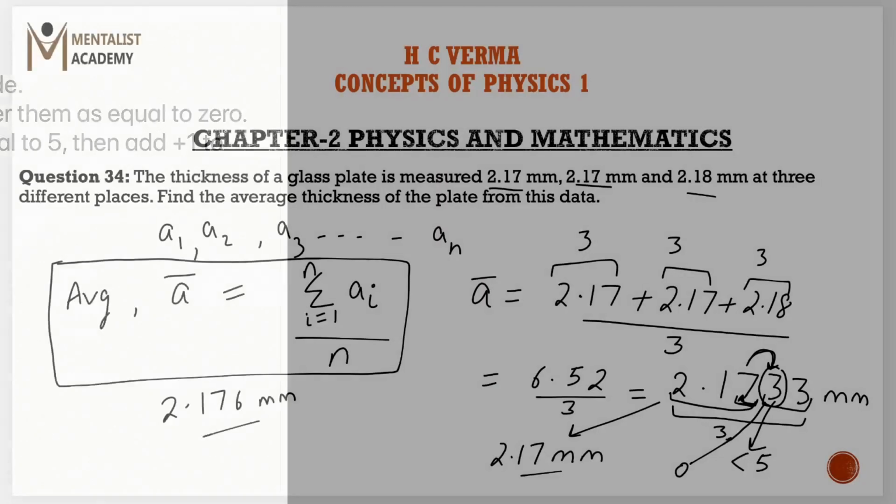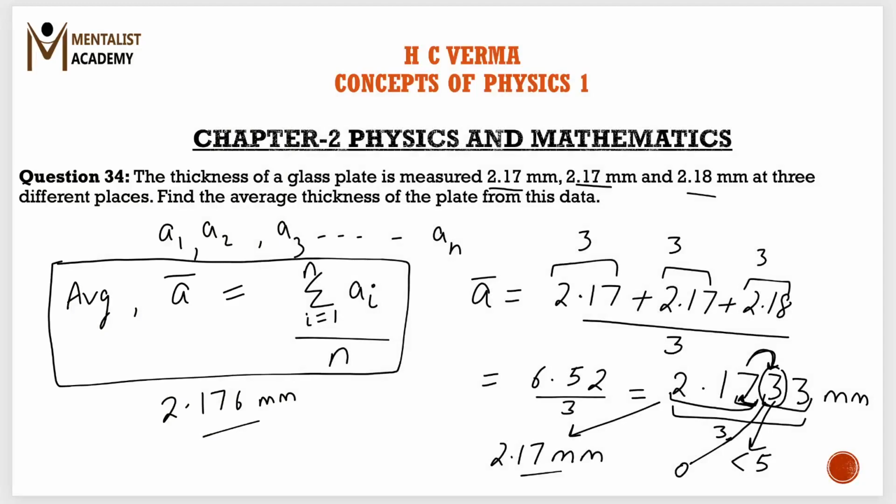As we have 6 as the right hand side digit of the rounding digit, which is greater than 5, we will increase the rounding digit by 1 and neglect all the other digits to the right hand side. Therefore in this case we will declare our answer to be 2.18 mm. We have increased the rounding digit by 1. So where the right hand side digit is greater than 5, we increase by 1, and where it is less than 5, we keep the digits the same.